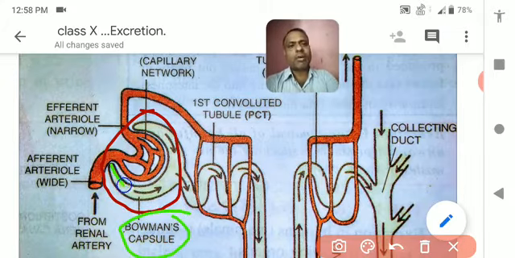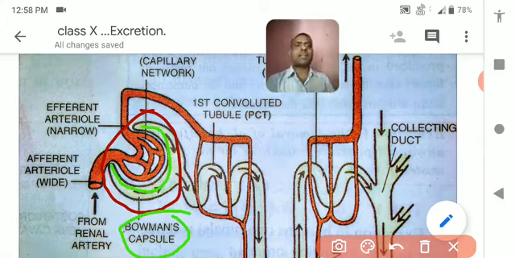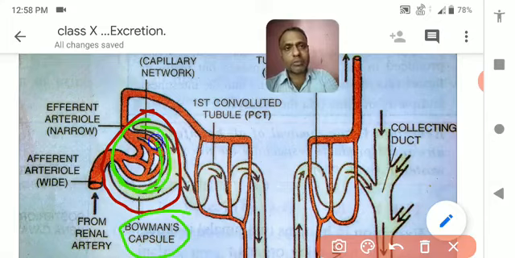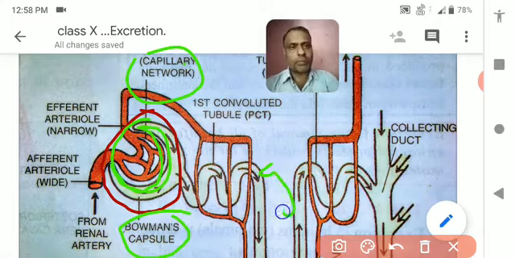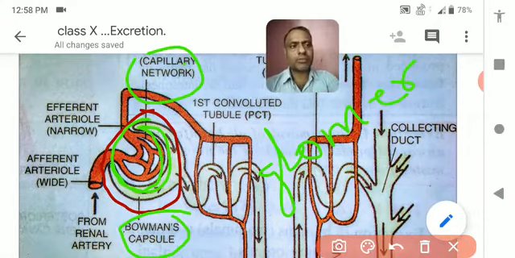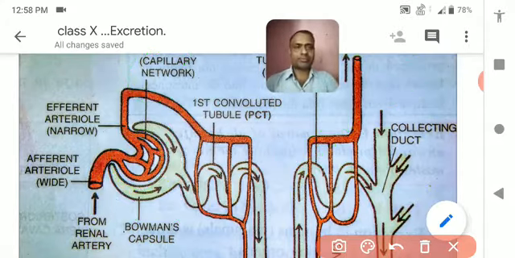Inside the Bowman's capsule there is a cup-like structure that contains a network of blood vessels, and this network of blood vessels is called the glomerulus. G-L-O-M-E-R-U-L-U-S, glomerulus.